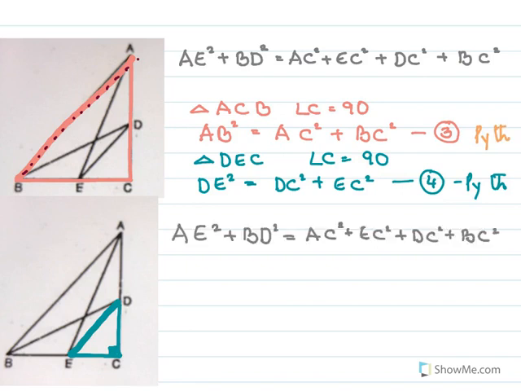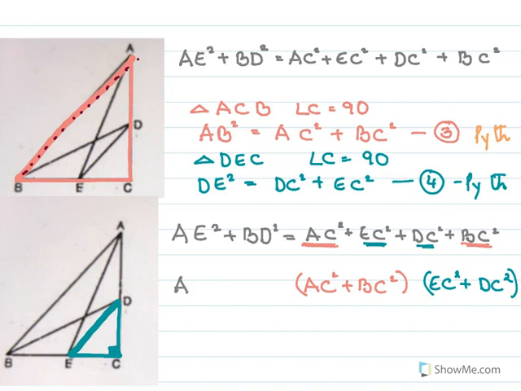Now look at the statement very carefully that we have written. I'm going to take AC square and BC square together, and you'll understand why I'm taking these two together. And then I'm going to take EC square and DC square together. Further, I just write this now, AE square, I'm just copying the first statement.